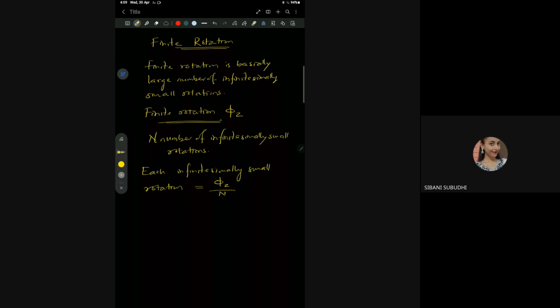So this is our infinitesimal small rotation. And for a large number of rotations, we'll have n going to infinity.